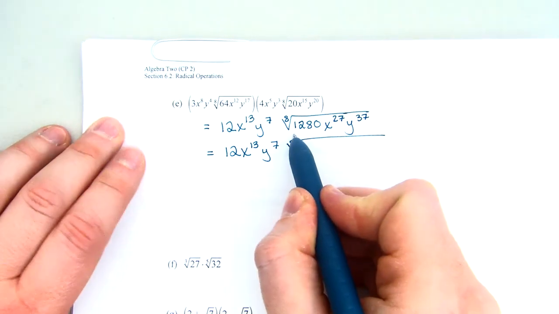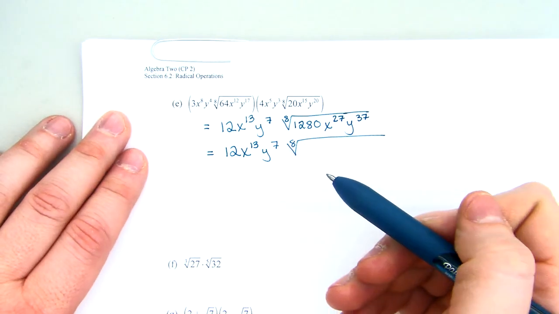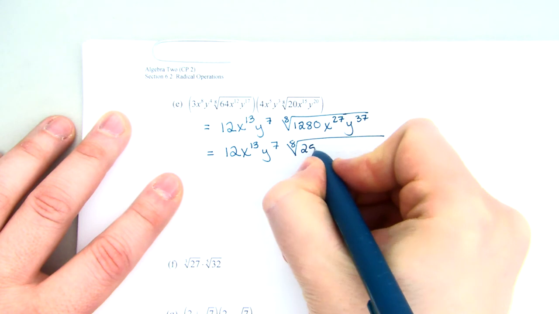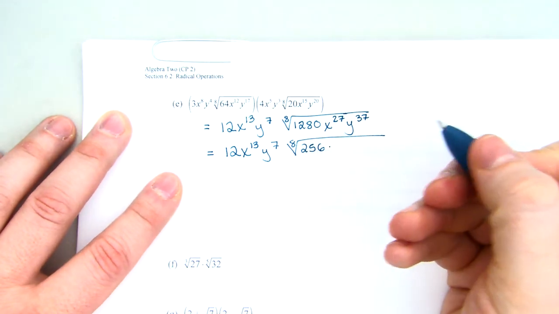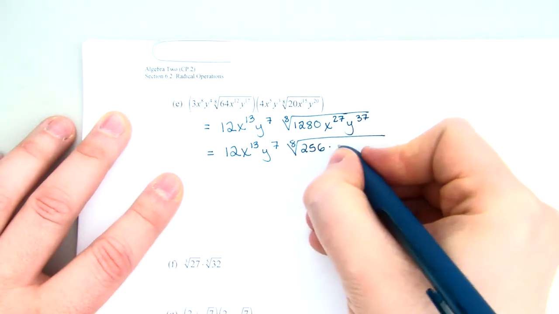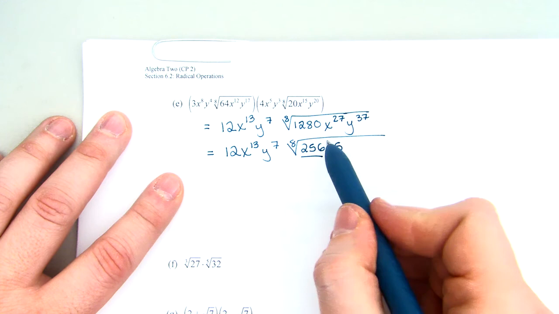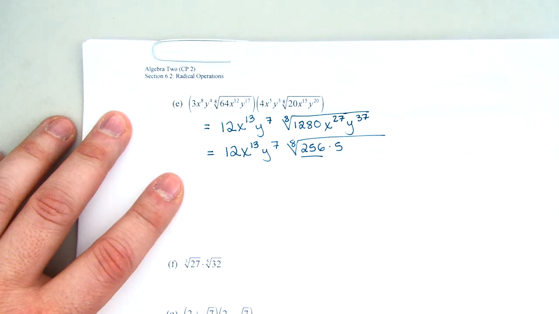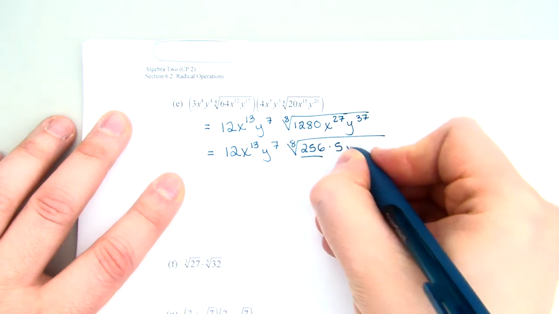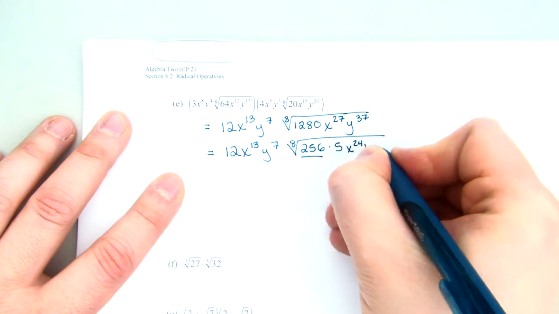Priyanka, what did you do with 1,280? Yeah, the nice thing about the high roots is usually the first or second thing you try is probably going to work. And yeah, that was probably the first thing you tried. Times 5. Hunter, how did you break down the x to the 27th? That will work.